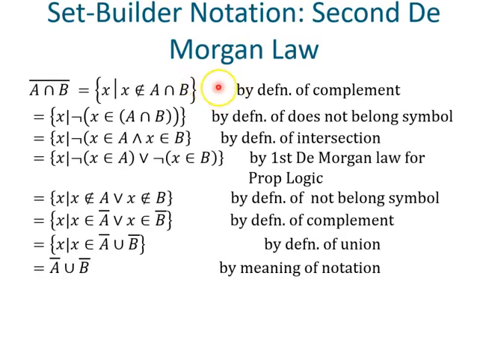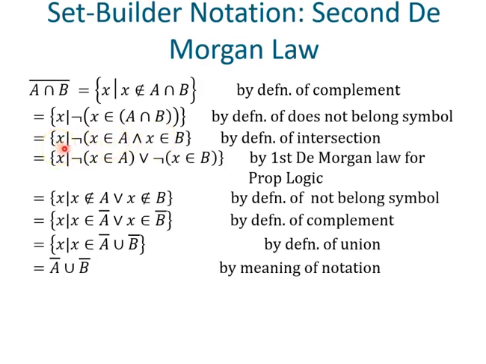Now we'll prove the same equality, the De Morgan law, using the set builder notation and propositional logic. The complement of the intersection of A and B is any x such that x doesn't belong to the intersection, which means x such that the negation of x belongs to the intersection of A and B holds.